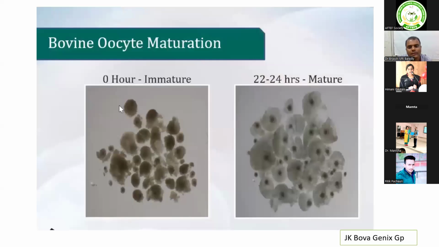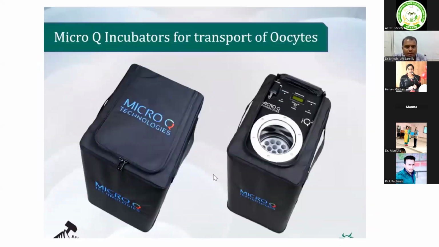After maturation, at 22 to 24 hours, you will get a blooming flower-like structure, with the cumulus cell layer all around the oocyte. Suppose your donor is far away; now portable incubators are also available from WTA and other companies.